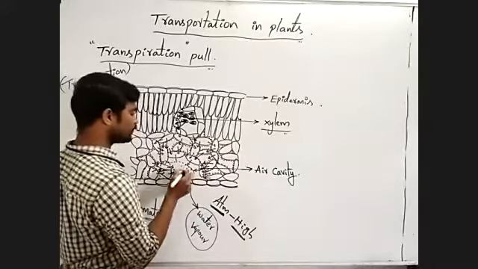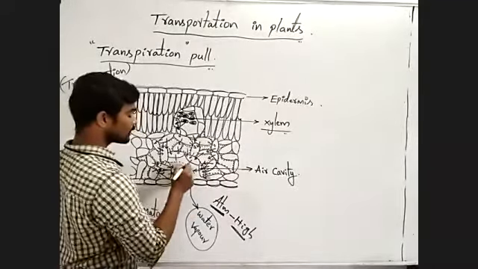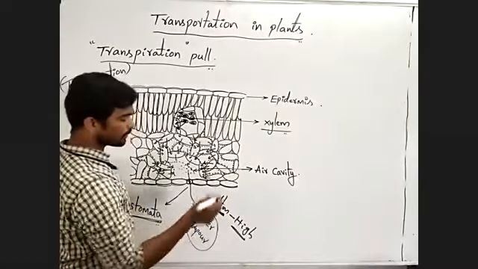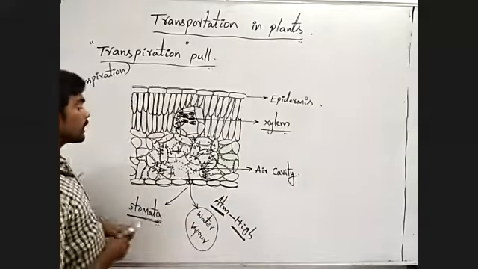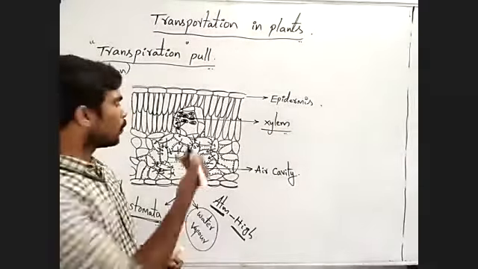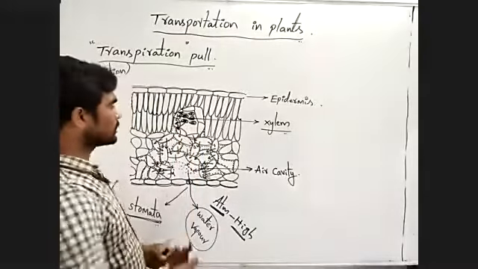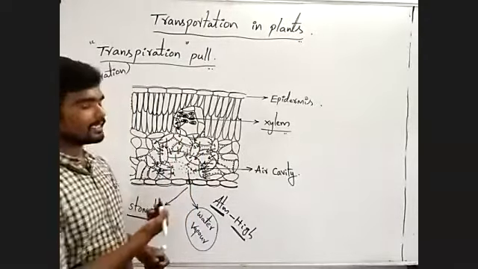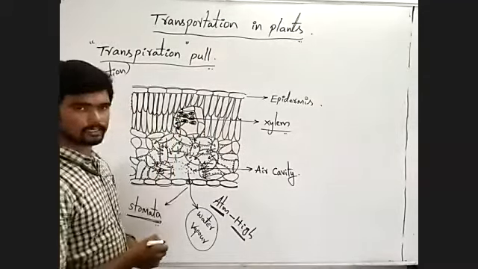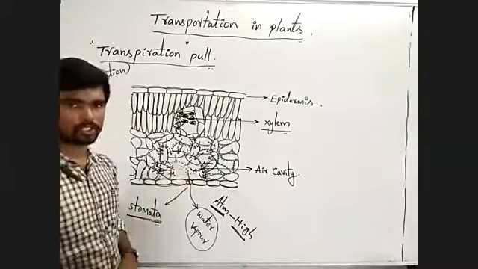From the air cavity, that water is transferred into the atmosphere in the form of water vapor. Like this, water is continuously absorbed from the xylem vessel by transpiration.